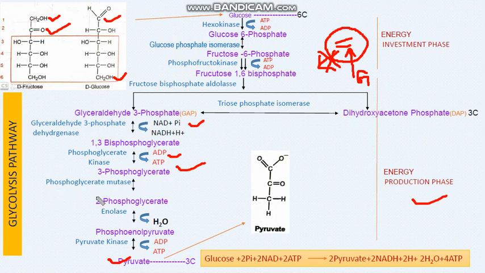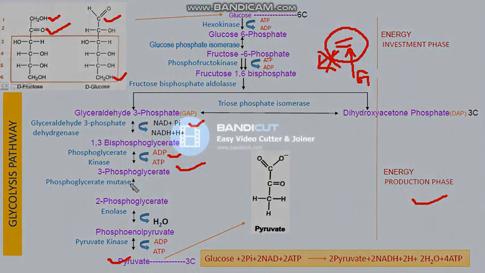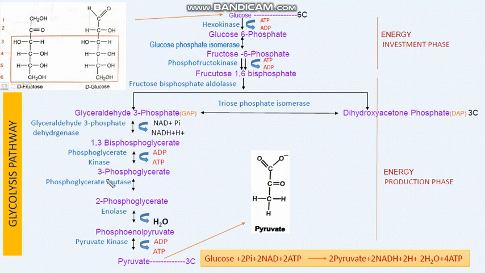In the next step, what happens? The phosphoglycerate mutase enzyme relocates the phosphate from the third carbon of 3-phosphoglycerate to form 2-phosphoglycerate, with the phosphate on the second carbon atom.